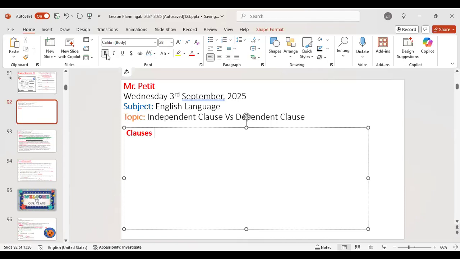So when we talk about language, what is the building block of all things in language? Words. Very good, words. So in language, the fundamental unit is going to be words. But words come together, and when they come together coherently, they give you what we call clauses.